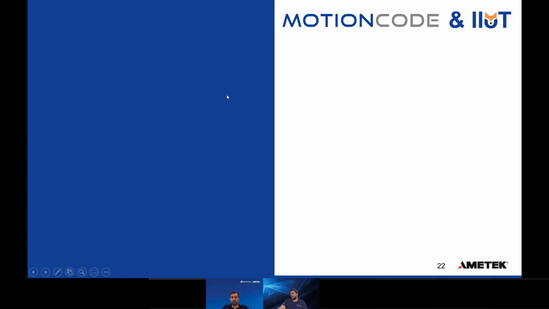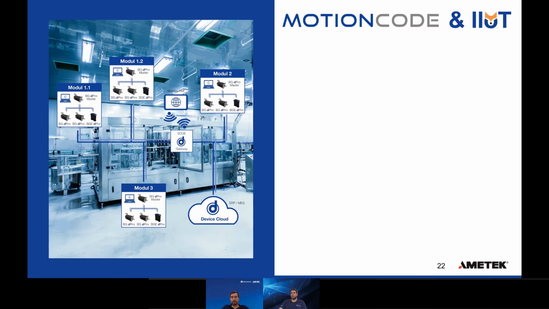As well, MotionCode has a close link to our industrial IoT developments, which extend the functionality from just the field level where the control is done, to the edge level where supervision, data aggregation, and monitoring can be done, up to the cloud level for managing whole fleets of motion codes.